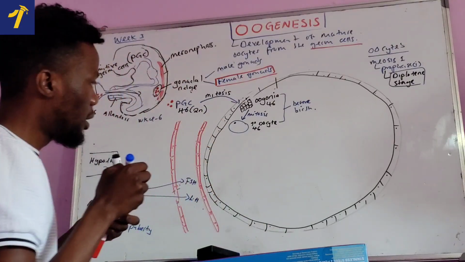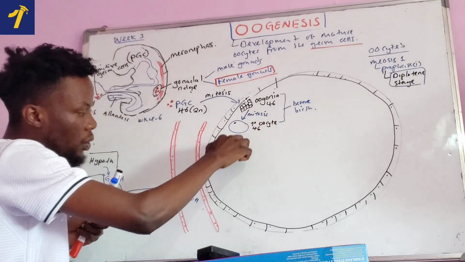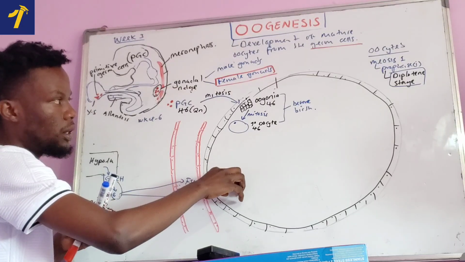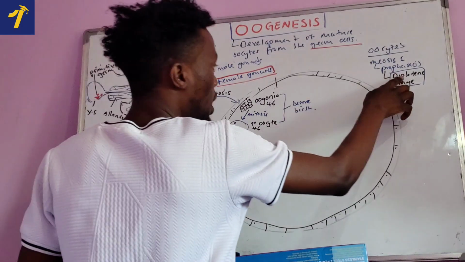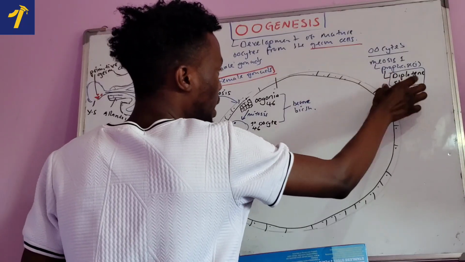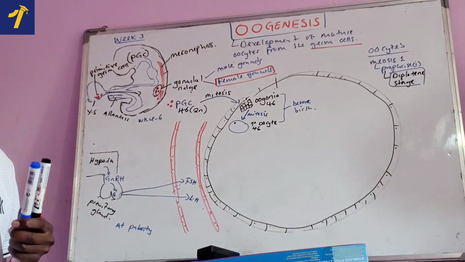Again, the reason why this primary oocyte didn't go into the event that we talk about is because it was arrested in prophase 1 of meiosis 1, and that stage is what we call the diplotene stage.